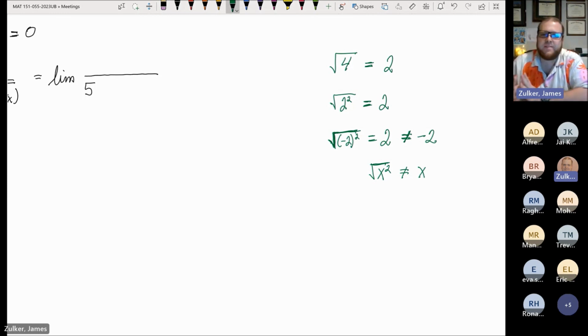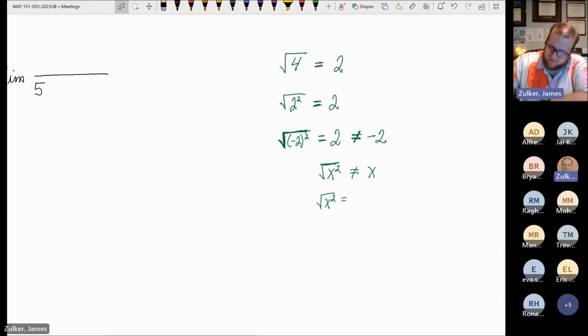This is a very common mistake. The square root of x squared is actually the absolute value of x.